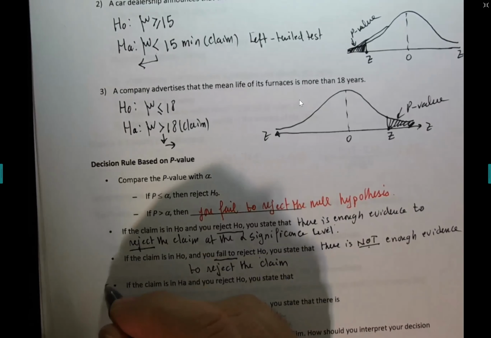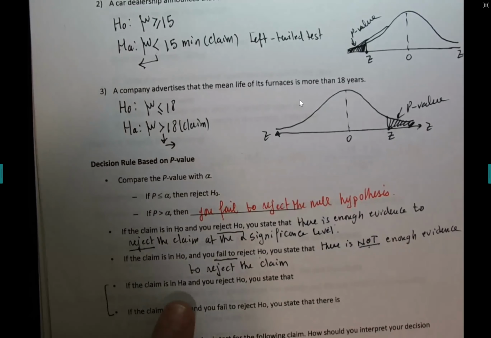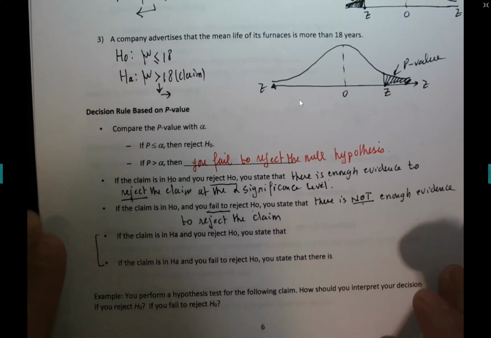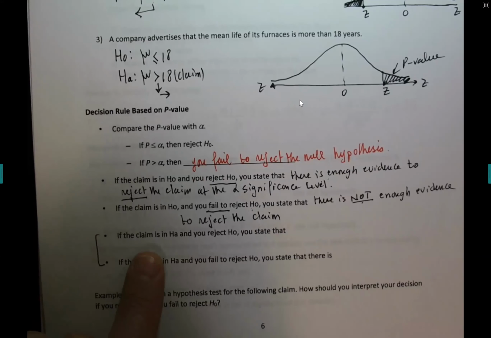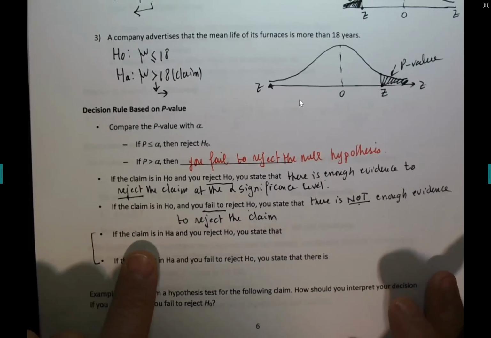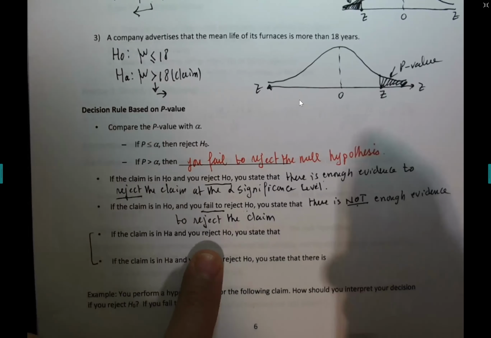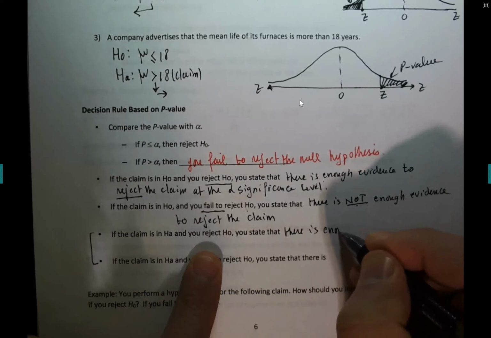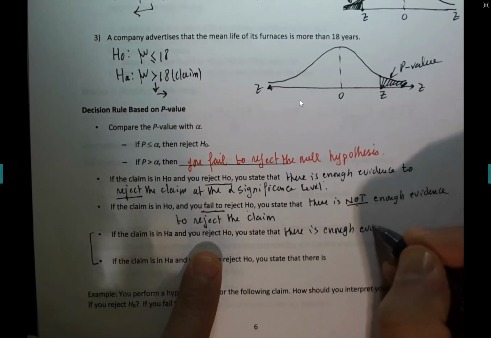Now, these are 2 scenarios when the claim is in the alternative, which is the common case, guys. Most claims should turn out to be in the alternative. If the claim is in the alternative and you reject H0, then you state there is enough evidence to support the claim.